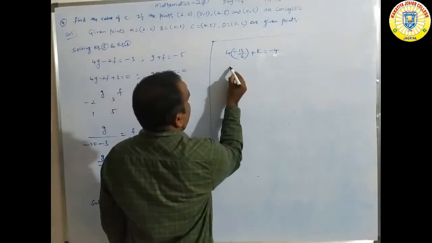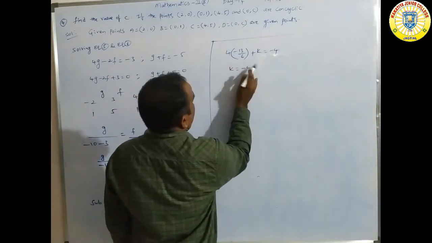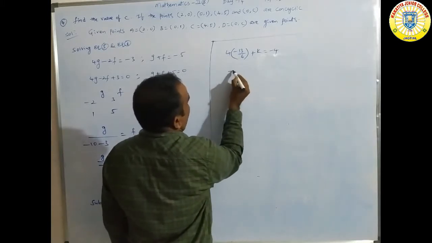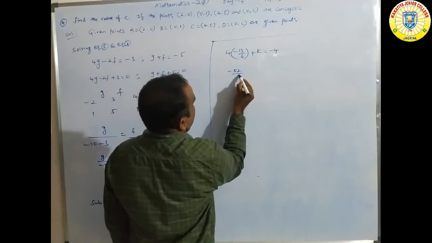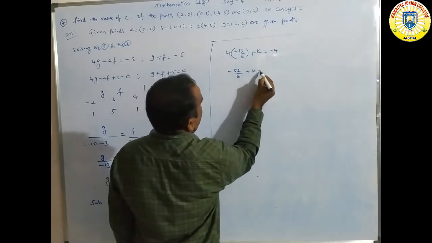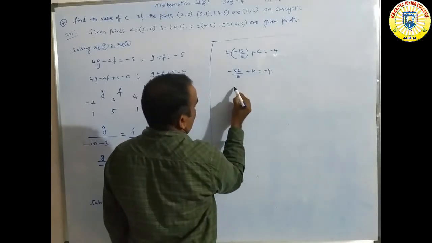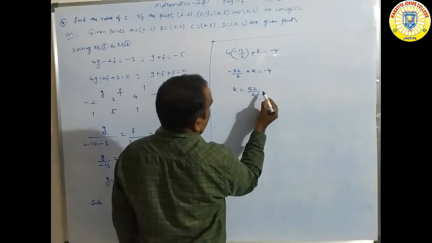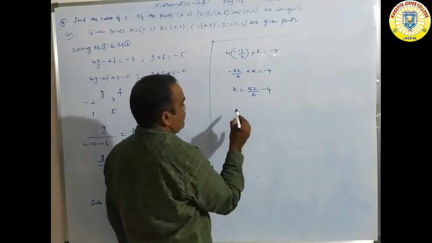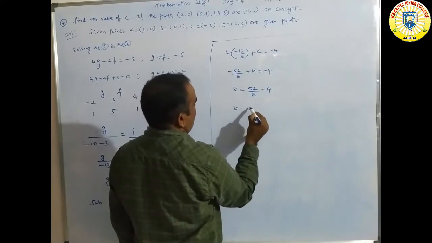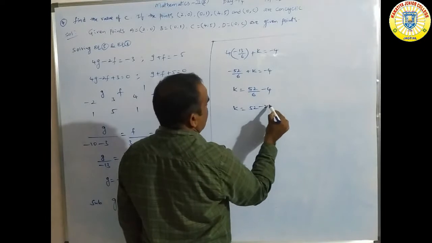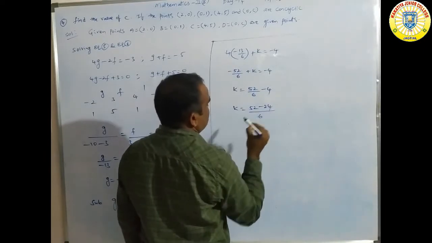Now here k is equal to, so first 4 into 13, 52 by 6 plus k is equal to minus 4. So therefore k is equal to 52 by 6 minus 4. K is equal to 52, 4 into 6, minus 24 by 6.